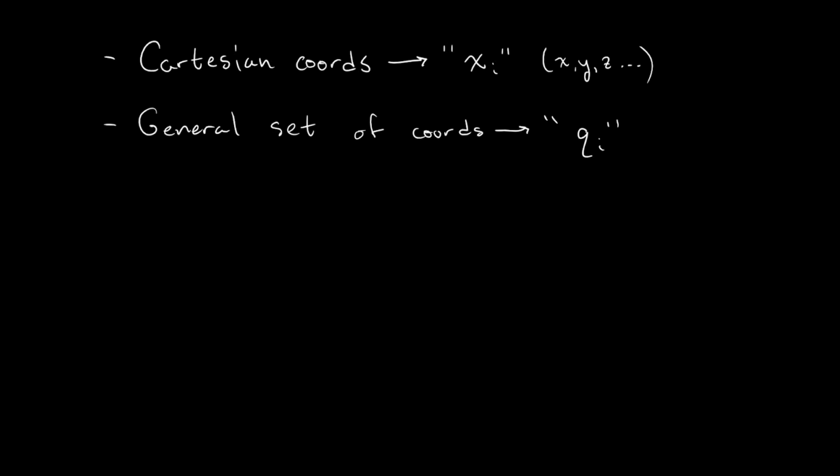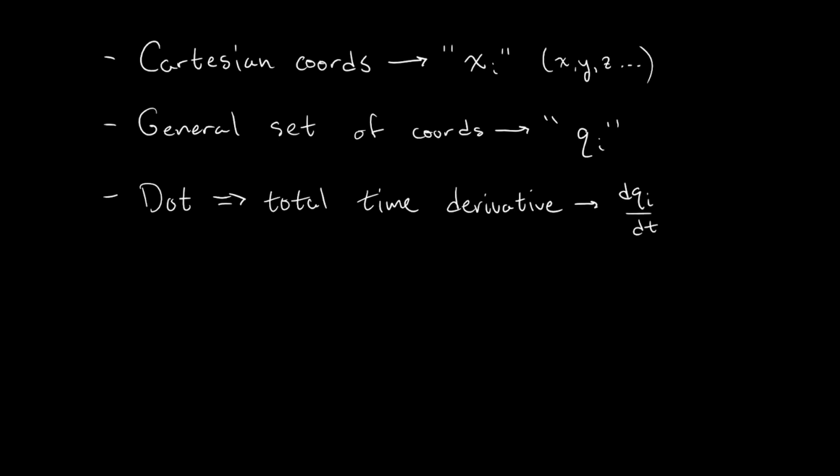Okay, and just as another notational note, a dot implies a total time derivative. So dq_i/dt is just q_i dot. It's pretty standard notation, but if you haven't seen it before, that would certainly be a point of confusion.